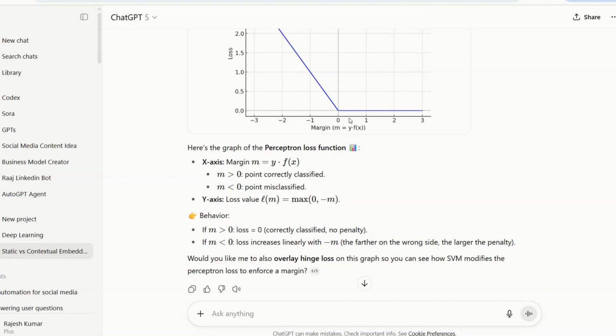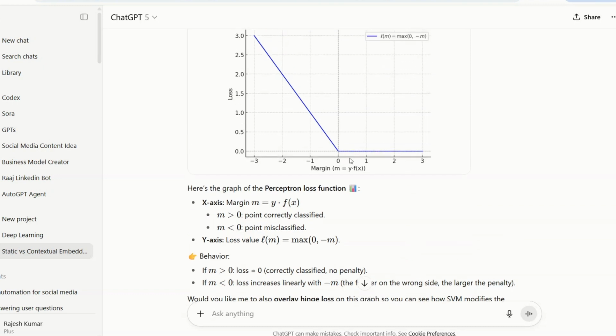These are the positive points, y into fx. So for the positive points, the result is 0. You can see that for 1, the height is 0. For 2, the height is 0. For 3, the height is 0, and so on, 4, 5, whatever.